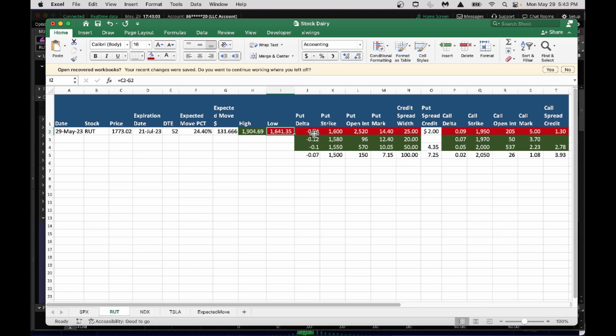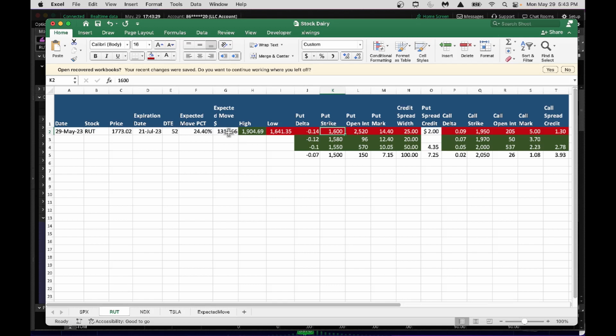Look, for a 14 delta put the strike price is around 1600, which is slightly below the low range of the expected move. So that's why a put strike of 1600 is a good one here, because it's very safe, because it's slightly below the market expected move.